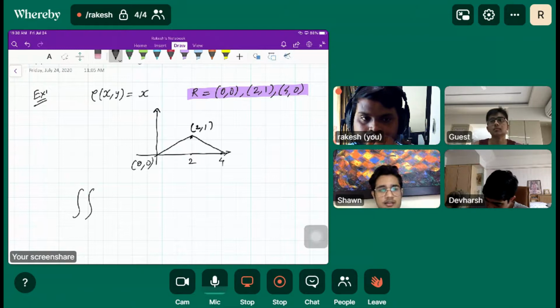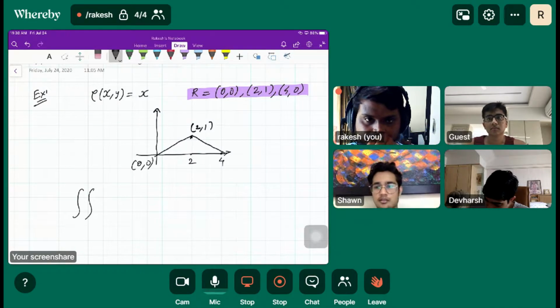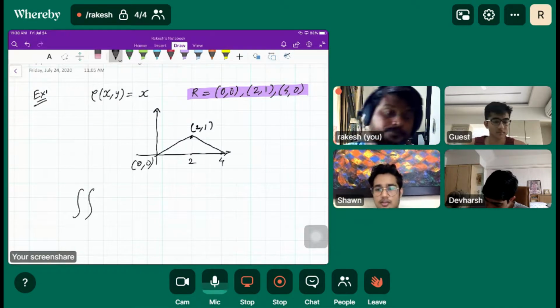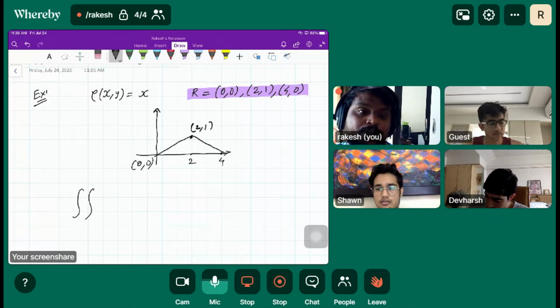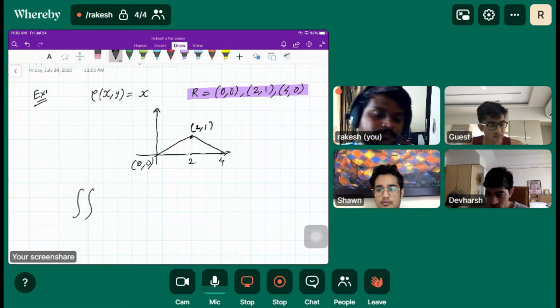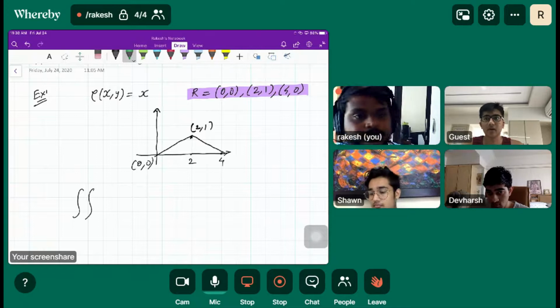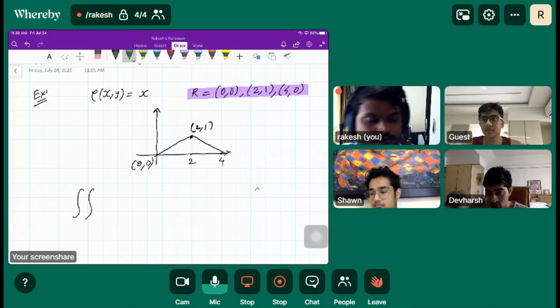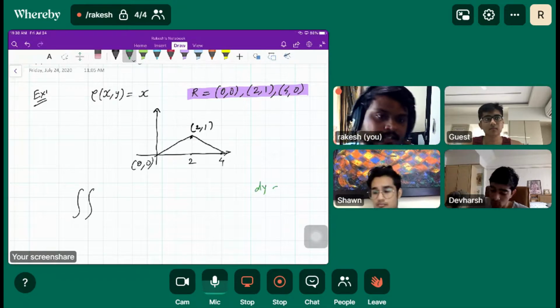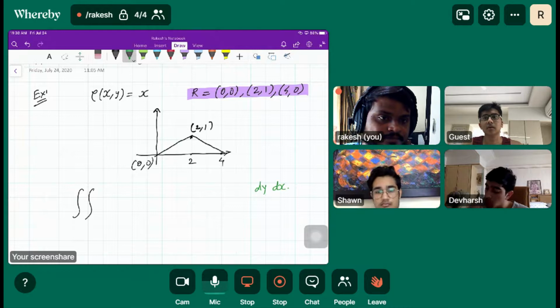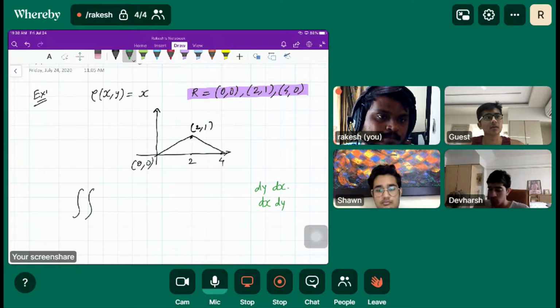Because it's easier to integrate with respect to x first. Why dx dy, Mano? We can do any order, right? So you want to take dy dx, if not dx dy. Why did I take dx dy? Last time also I found it easier. Does the order not matter at the end?